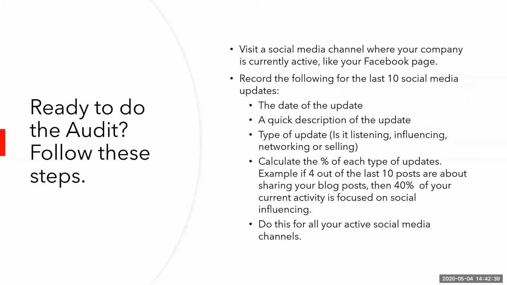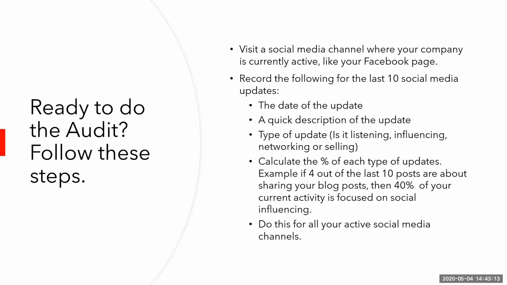So now you're ready to do the audit, and I'll go with you through these steps very quickly. You have identified what the goals are and what the different types of categories you can put those goals in. Are you doing social listening, influencing, networking, or selling? So now let's do this. What you need to do is visit a social media channel where your company is currently active.